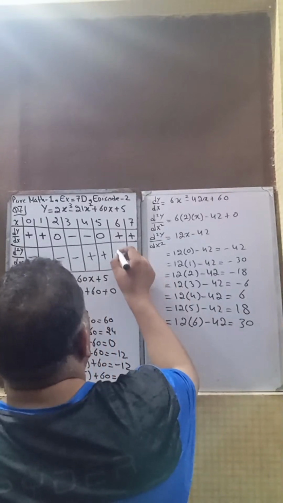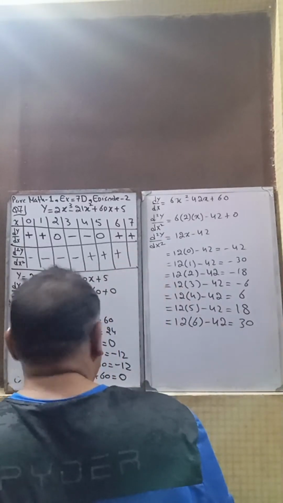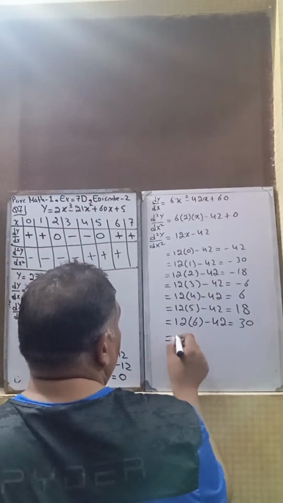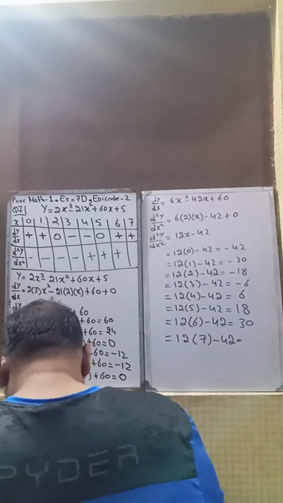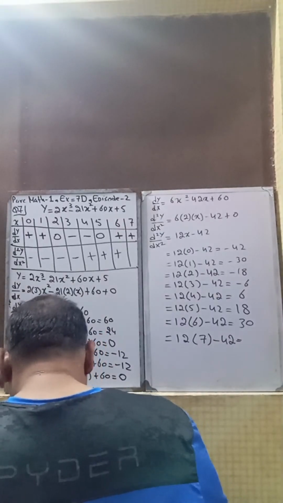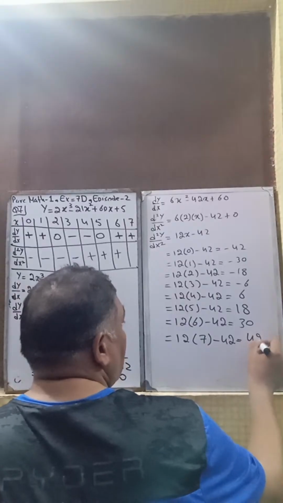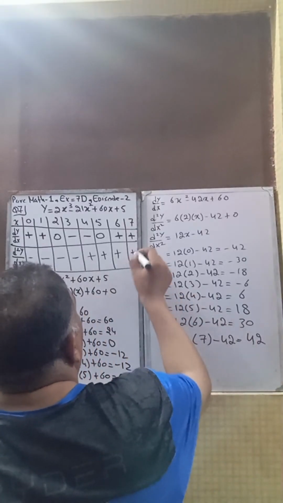So this thing is going to be positive. And 12 into 7 minus 42 equals to, that is positive 42. So this is going to be positive.